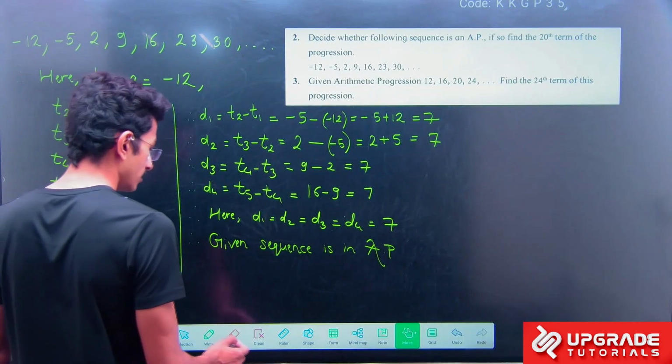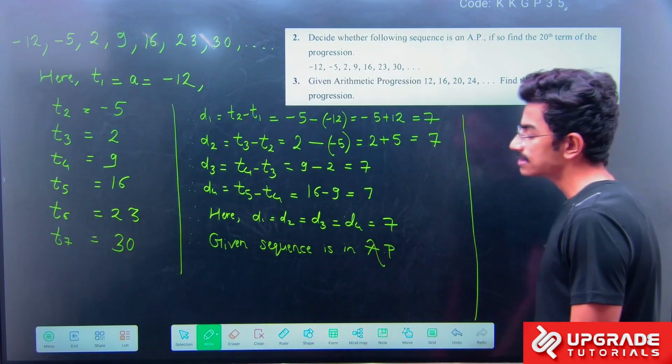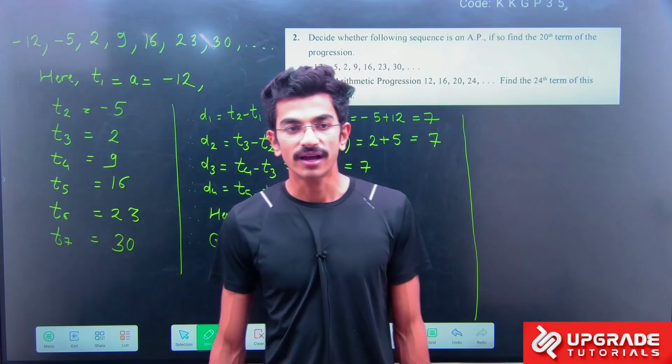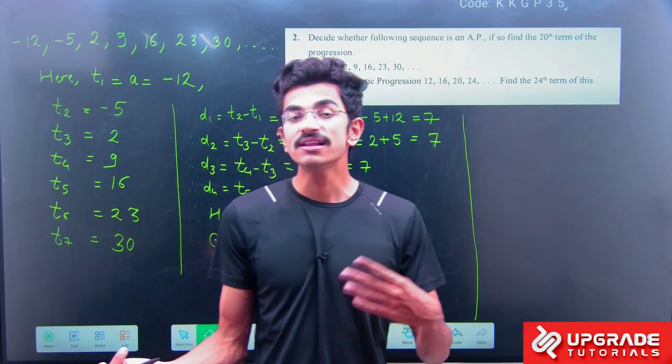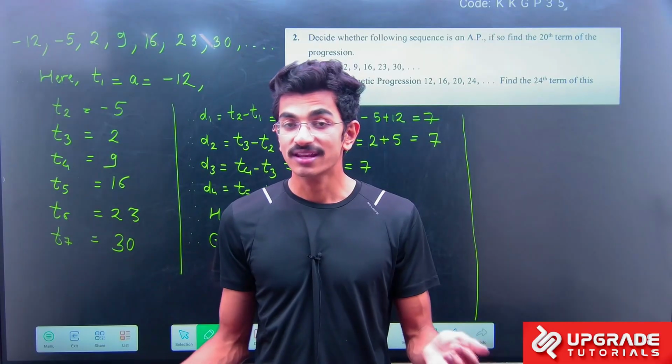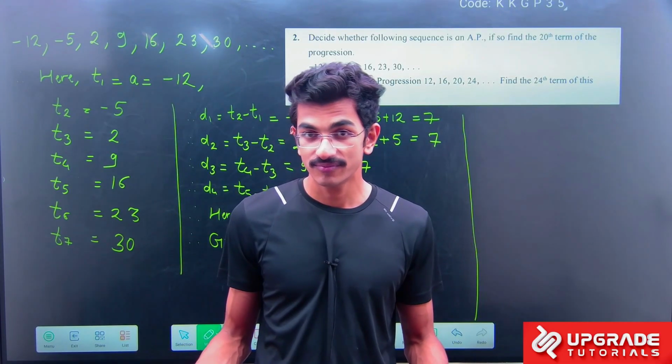Okay, so just let me remind you of a formula. We know that T3 is A plus 2D, T4 is A plus 3D, T5 is A plus 4D.